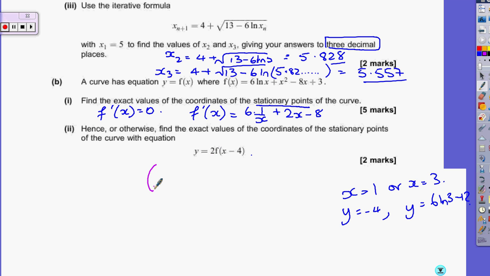So your new points will be x is 5, y doubled is minus 8, and x is 3 add 4 is 7, and y doubled gives you 12 ln 3 minus 24. Hopefully that is correct, which it is, which means you got that bit right as well. That's question done.